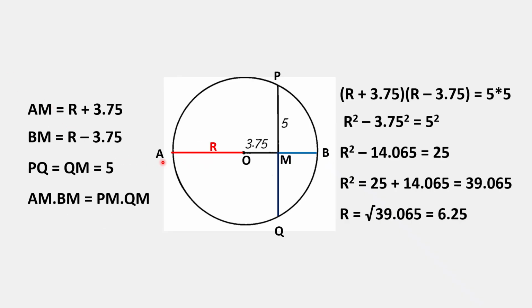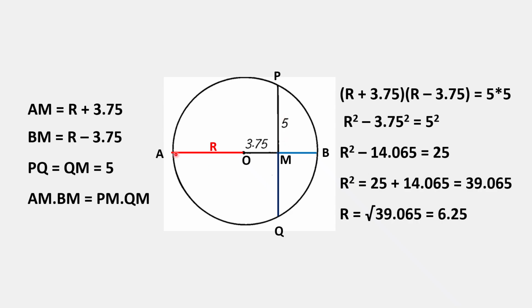So we got AM as R plus 3.75, BM as R minus 3.75, PM is 5 and QM is 5. PQ is 10 actually, bisected into 5 and 5.